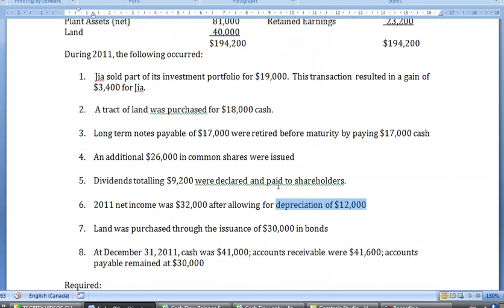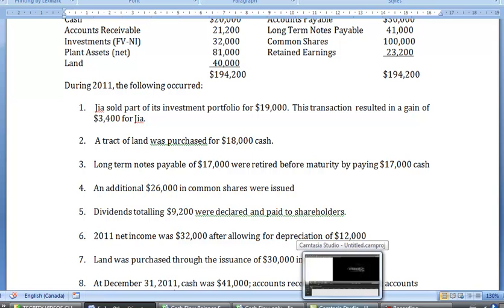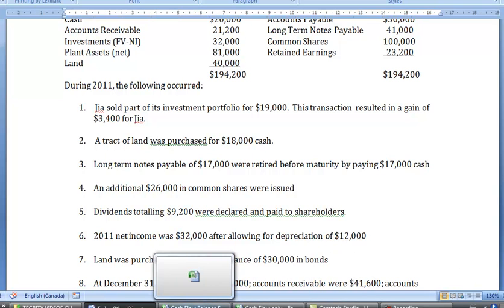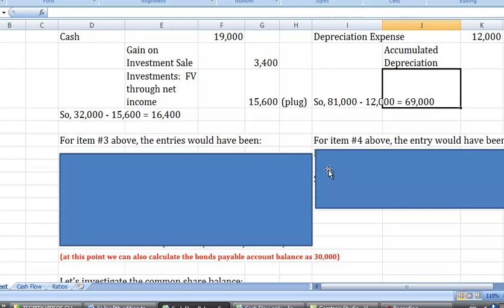And if you go back to the question, plant assets at net were $81,000. Now net means cost less accumulated depreciation gives us $81,000. Well, we just increased our accumulated depreciation by $12,000. So that means now that we have $81,000 less $12,000, which means we're going to have plant assets at net of $69,000. So now that tells us how we get these two numbers on our new statement of financial position or balance sheet.